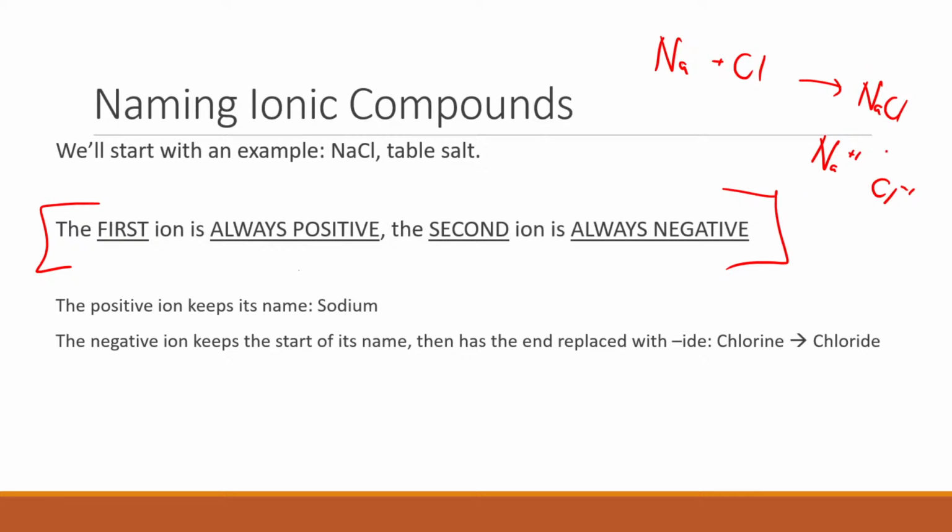And when we're naming a compound, the positive ion keeps its name. So for NaCl, we're going to keep sodium as the start of the name, and the negative ion has the ending of its name replaced with "ide." So chlorine becomes chloride.